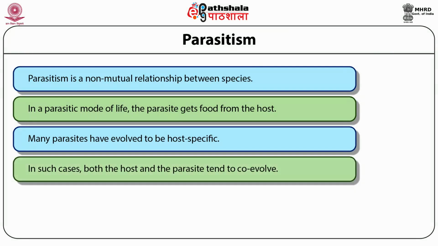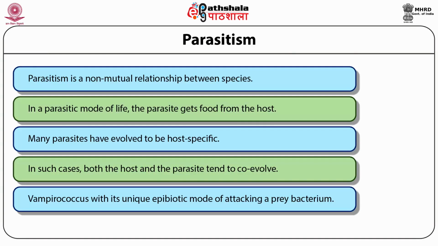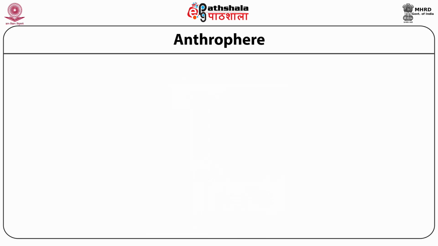In such cases, both host and parasites tend to co-evolve. Example, Vampyrococcus with its unique epibiotic mode of attacking prey bacterium. The negative interaction among the bacteria or living organisms can be further classified into predation, parasitism, commensalism, and competition.